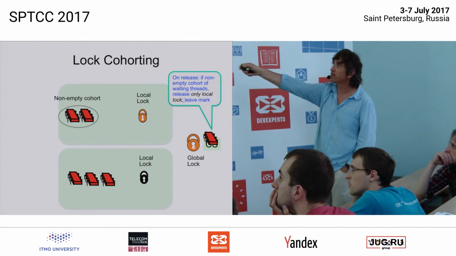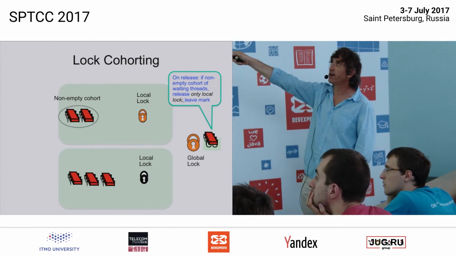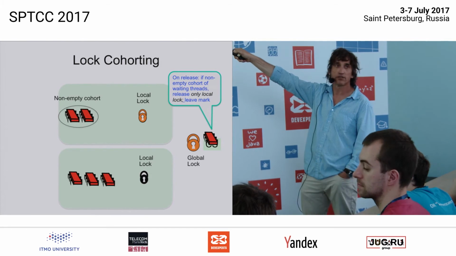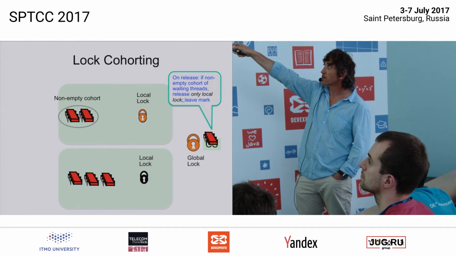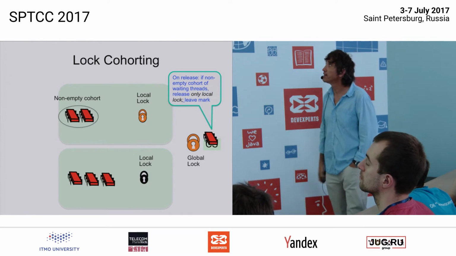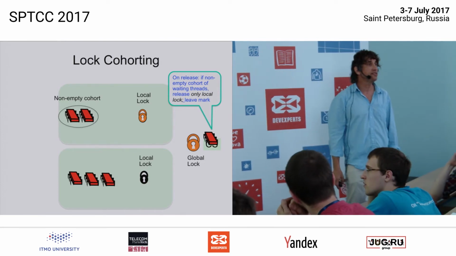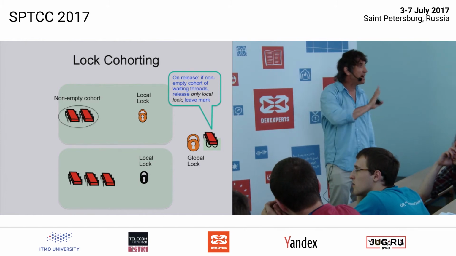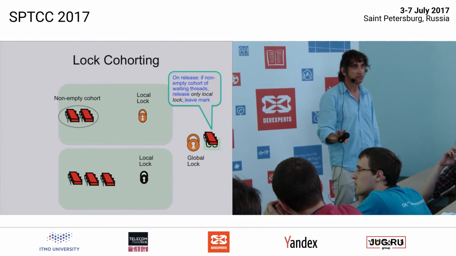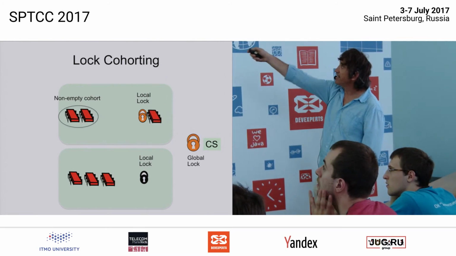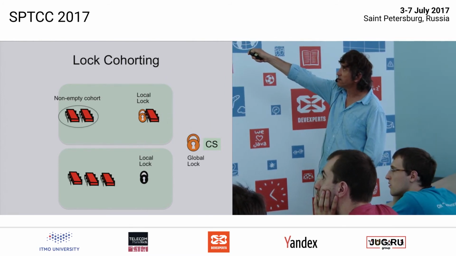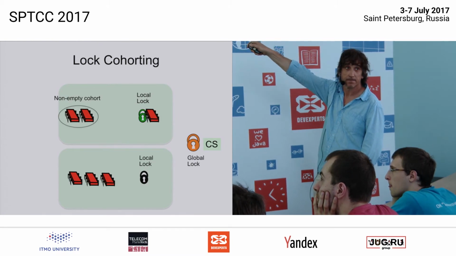A cohort is all the threads waiting together in my local node. So if my cohort is not empty, I'm only going to release the local lock. I'm not going to release the global lock. He leaves the global lock locked, goes to the local lock, and releases it.